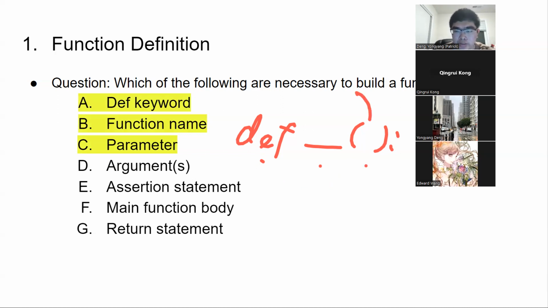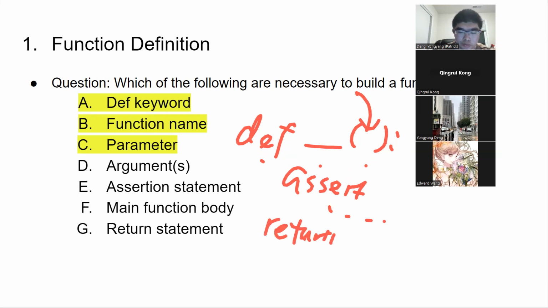You don't actually have to pass in arguments, and you also don't need the assert statement, because without it there will just be no value passing, but it's fine. The main function body can be empty. And the return statement you don't need, because if you want a return statement, you must want to return something. But since you may not return anything, you don't actually have a return statement.